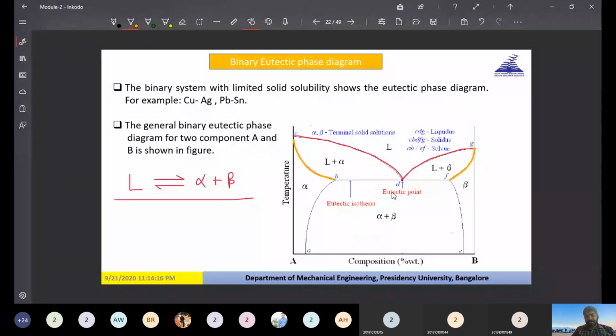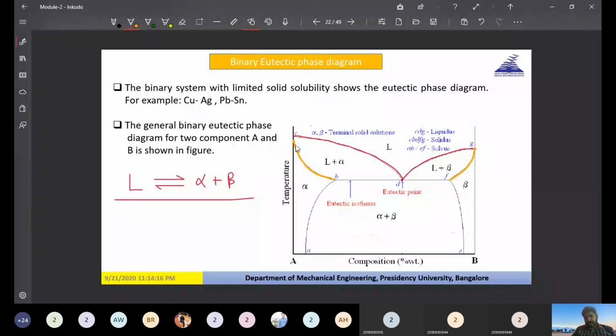Anyone? Vaibhav, how can you define this solidus line? Vaibhav, can you define it?